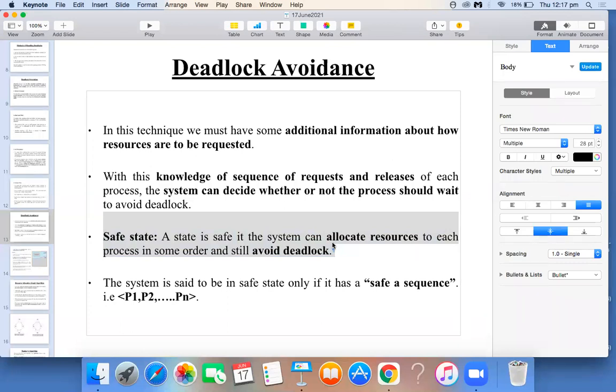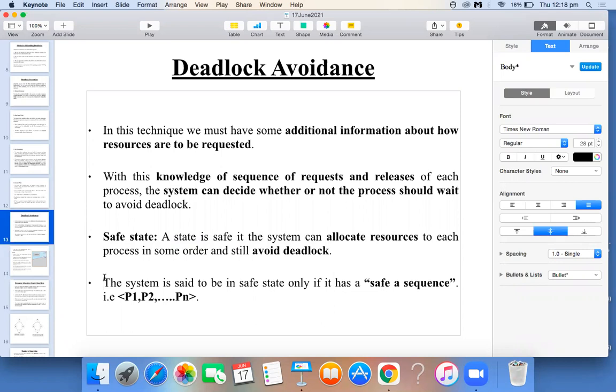Okay, fine, right. The next thing is the safe sequence. A sequence is the order in which the processes are allocated the resources and executed in the system, the order in which they complete their execution and release the resources. That order is called a safe sequence.